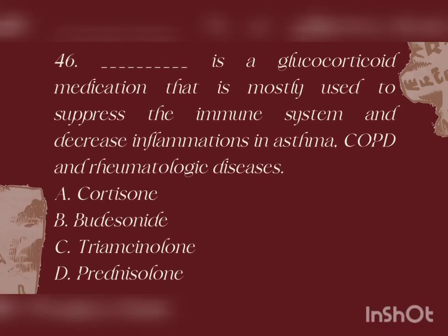Number 46. Blank is a glucocorticoid medication that is mostly used to suppress the immune system and decrease inflammation in asthma, COPD, and rheumatologic diseases. A. Cortisone, B. Budesonide, C. Triamcinolone, D. Prednisolone.